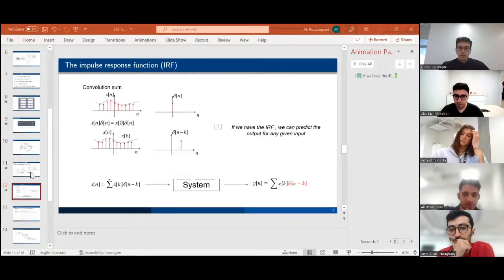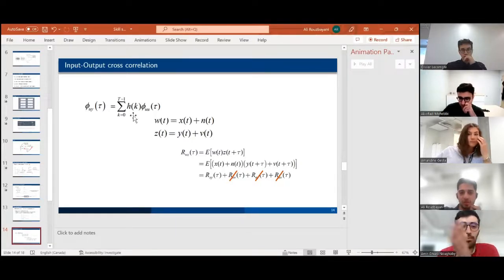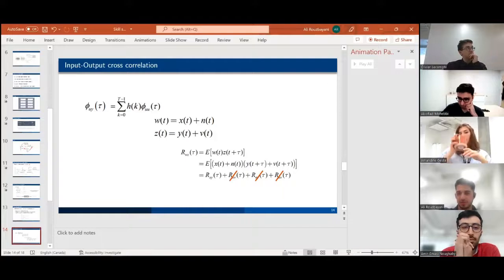For example, let me see if I can show anything useful here. So right here, when doing the cross correlation between the input and output, because the H, which is the impulse response, is the response of the system to a delta function, all these terms are as if they are being multiplied by 1.